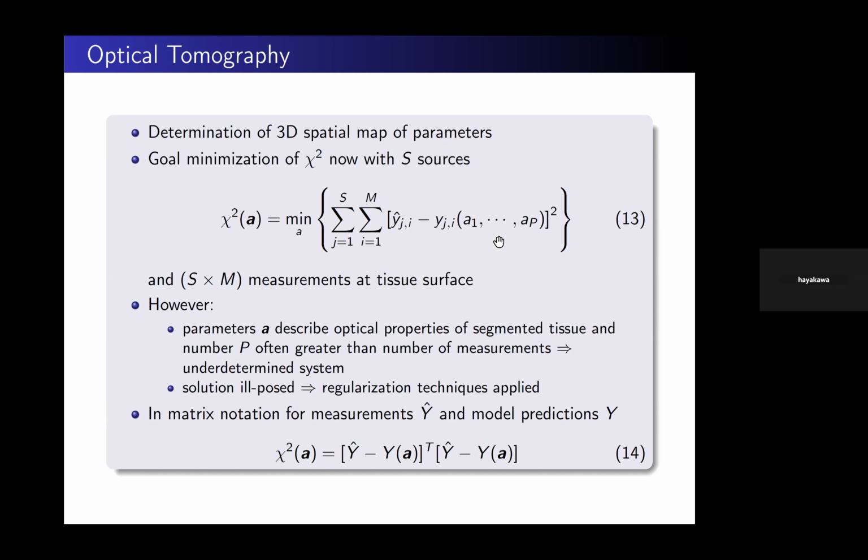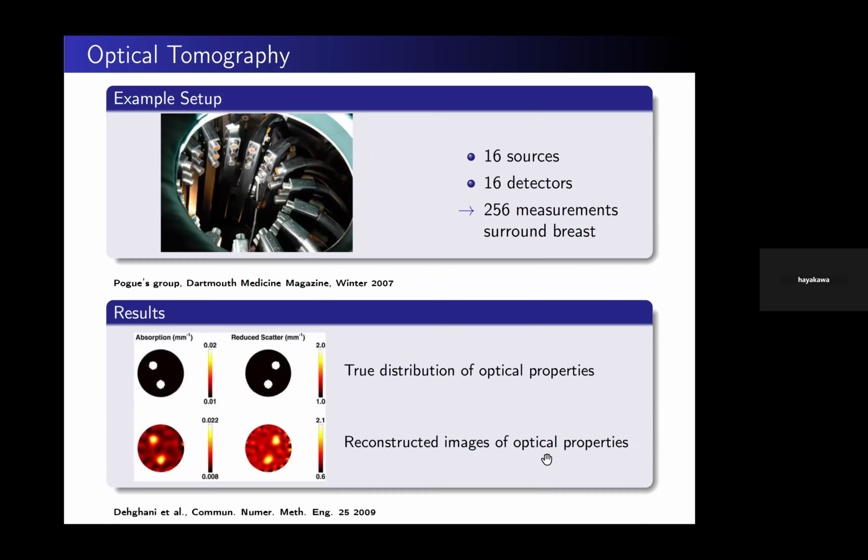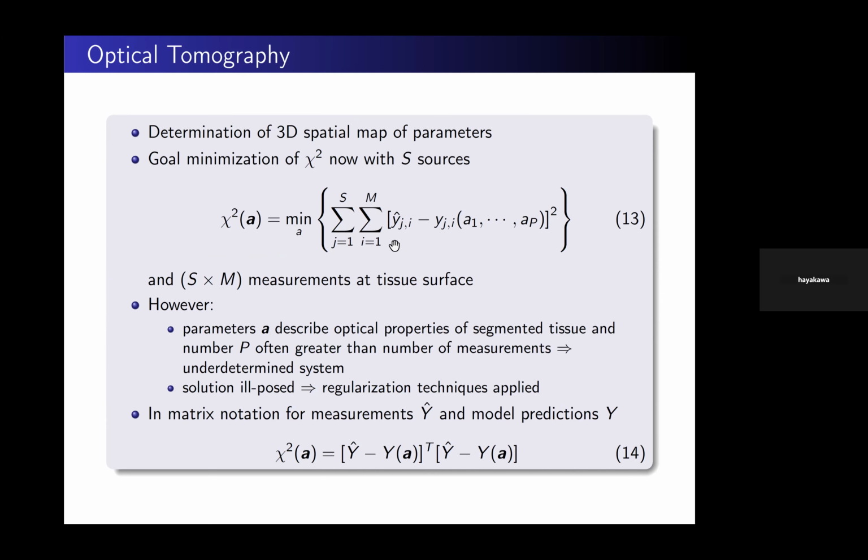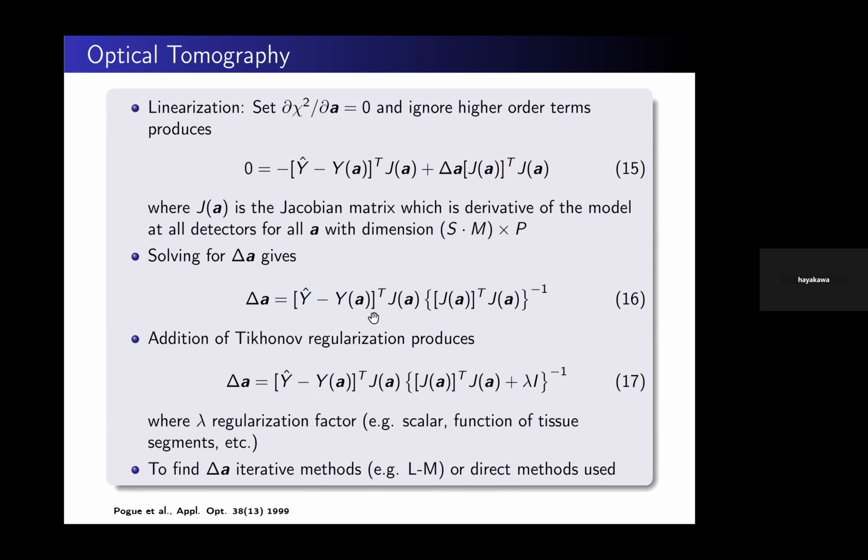So they use regularization techniques. How is that formed? You write the chi-squared equation. This is the one on the previous page, just in matrix form here, equation 14. That's this equation, but I had it filled out on previous slides. Then we take the derivative of the chi-squared and ignore higher-order terms.